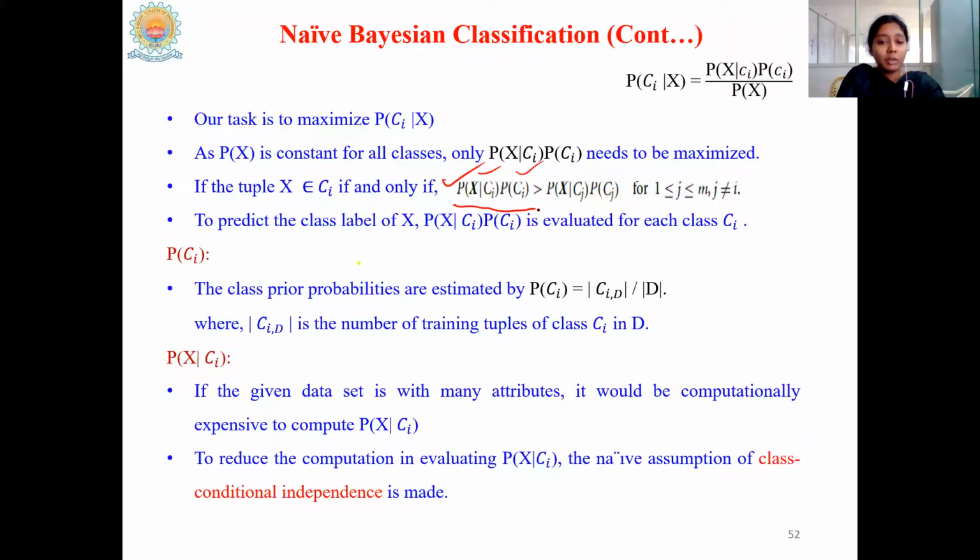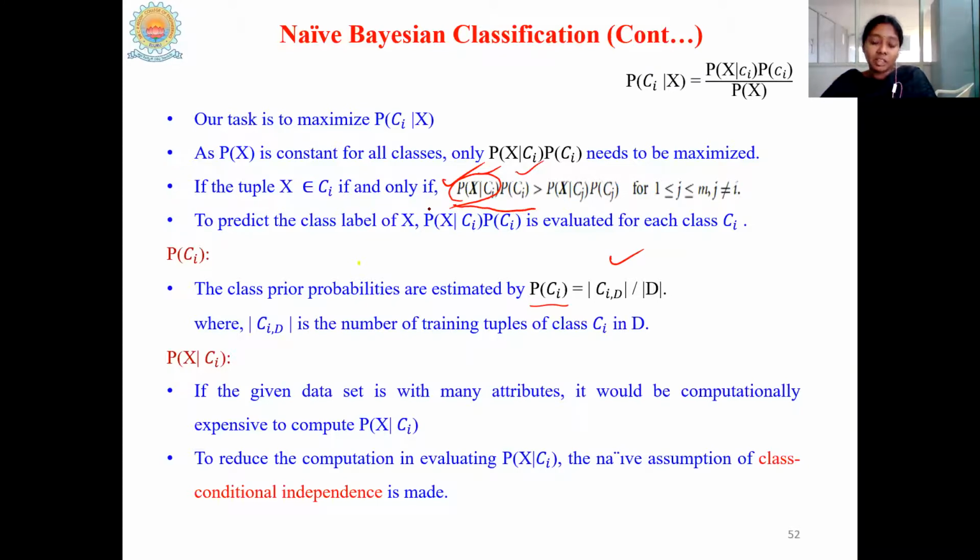And there is a way of getting the prior probability of the class. Here is the formula. Now how to get the posterior probability of X given the class? Its complexity mainly depends on the number of attributes that particular tuple has.